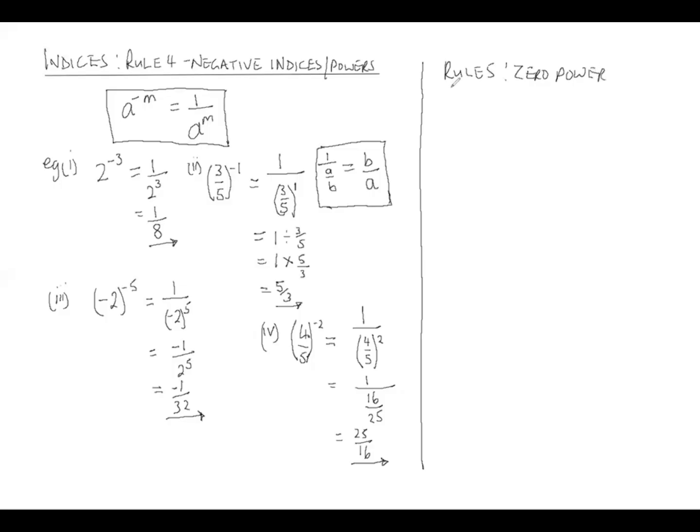I'm just underlining here. So anything raised to the power 0, the answer we get is 1. Doesn't matter what it is, whether it's x, whether it's a number, whether the number is a million or a billion, anything raised to the power 0, the answer that you get is 1.